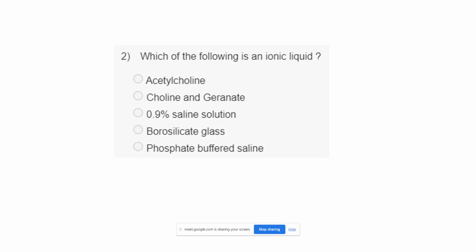Anyone else? Option 2. Option 2, okay. Anyone else? Which of the following is an ionic liquid?